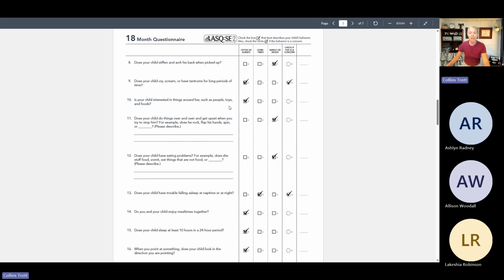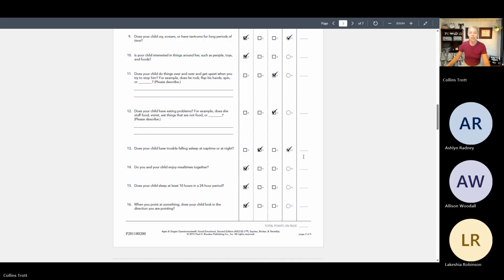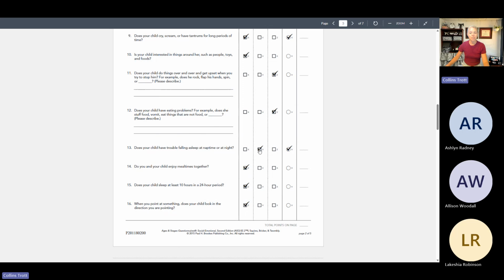Number 10, Z, 0. 11, Z, 0. 12, Z, 0. 13, V and V, so that's 5 plus 5 is 10. 14, Z is 0. 15, Z is 0. And 16, Z is 0. So the total on this page is going to be 25.